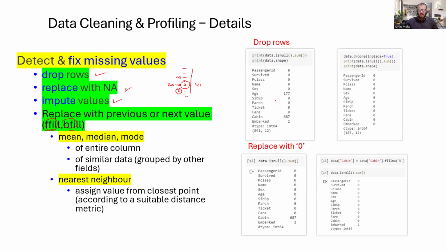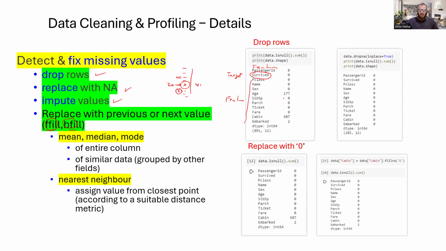We're going to see an example here. We have all the passengers and all the features. What do we want to predict here? This one is going to be the target, that's what we want to predict, and the rest are the features.